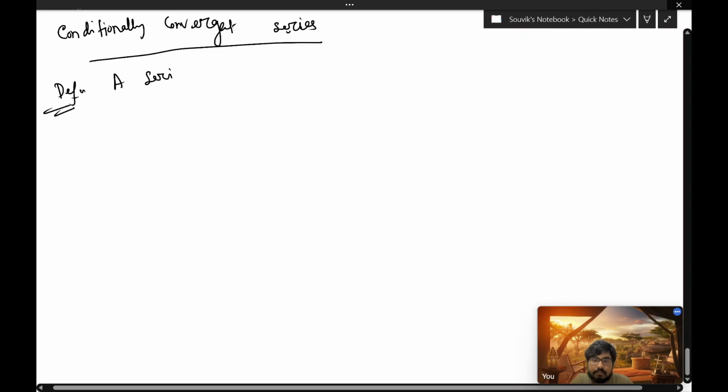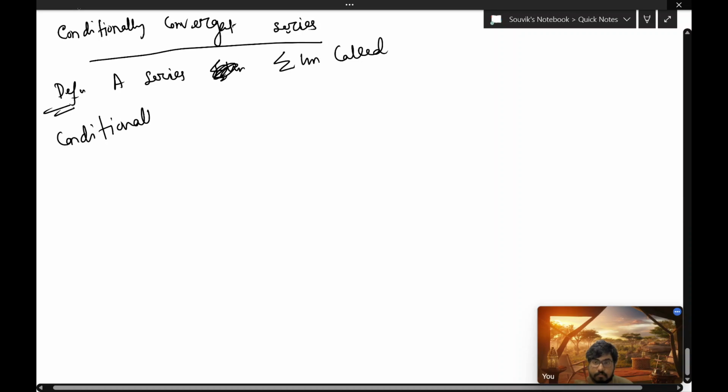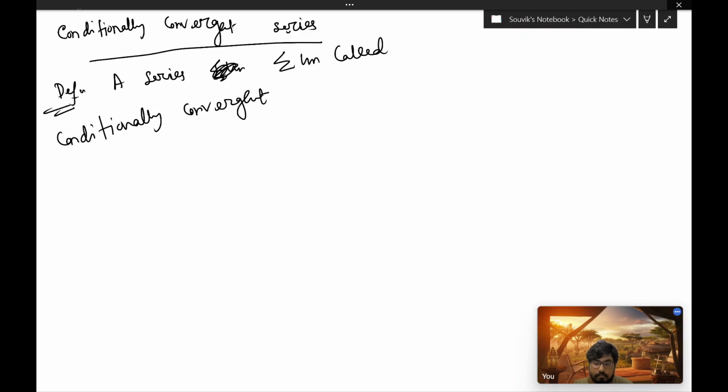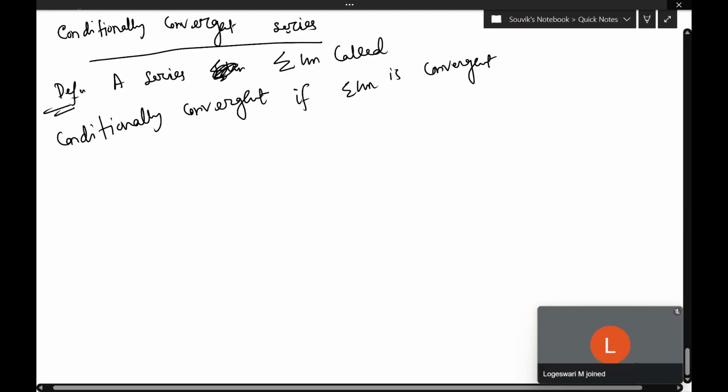A series summation an is called conditionally convergent if summation an is convergent, but summation mod an is not convergent.